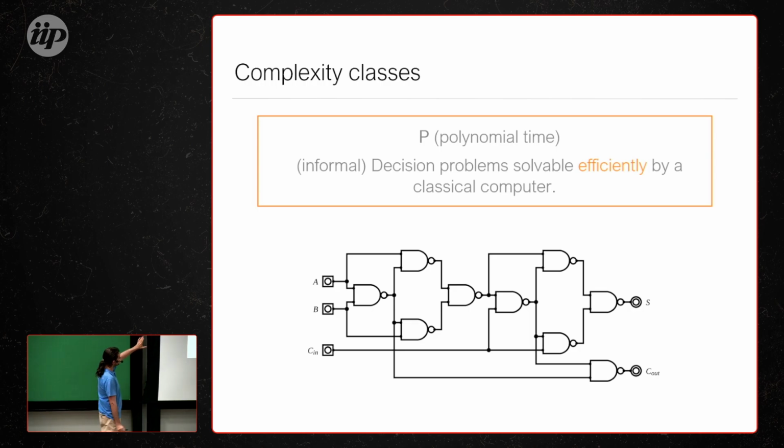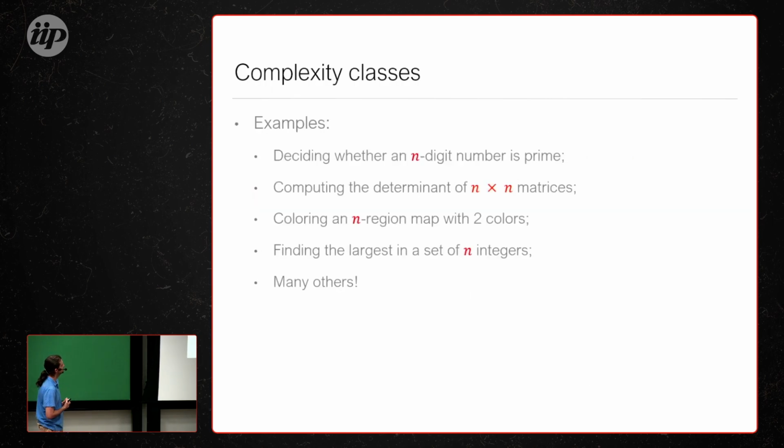Okay, pretty straightforward. You can imagine a classical computer that looks like this, and if there is a circuit that looks like this, but only has a polynomial number of these gates that solves a particular problem, that problem is in P. That's the definition. And we know many problems that are in this class.